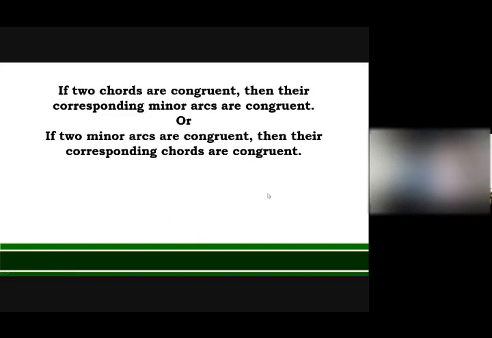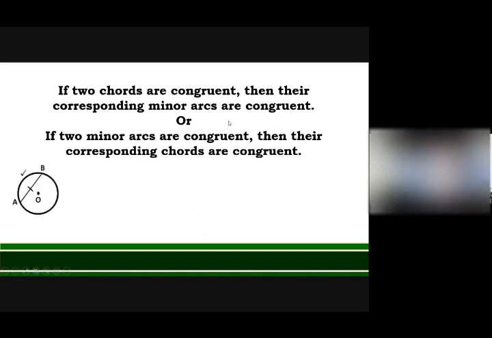Okay. Another theorem here. If two chords are congruent, then their corresponding minor arcs are congruent. Or, if two minor arcs are congruent, then their corresponding chords are also congruent.